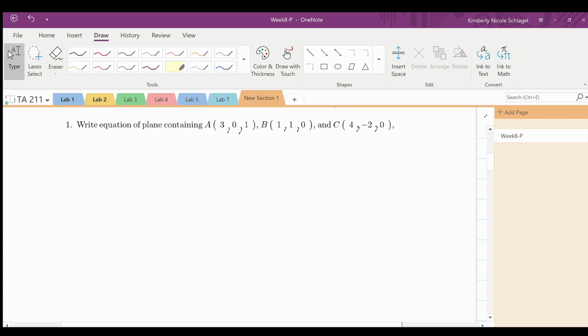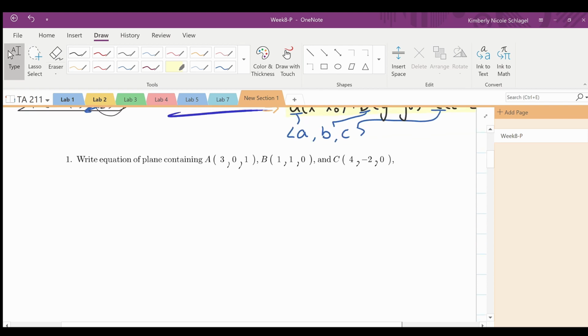With all of that said, I'm going to draw a picture of what's going on in our specific problem. We have a plane, and we have A, B, and C in here.